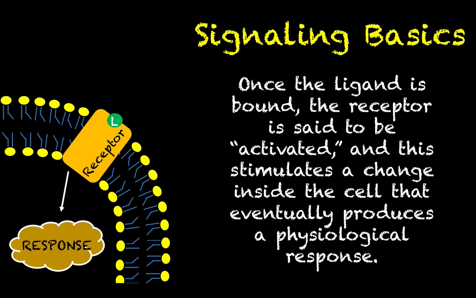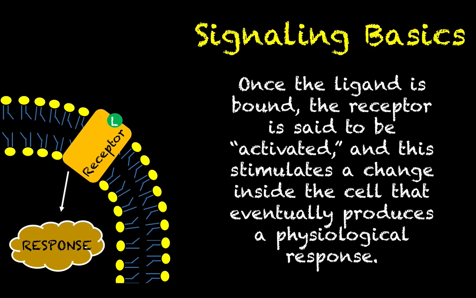So the idea here is that once the ligand engages with and binds to the receptor, we say that the receptor is in an activated state, and this is in some way going to facilitate changes inside the cell that will eventually produce a physiological response, whatever that may be.